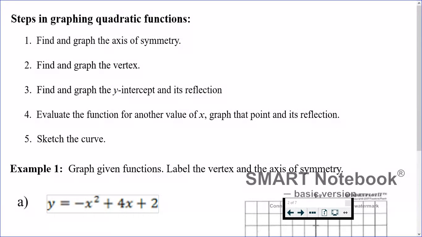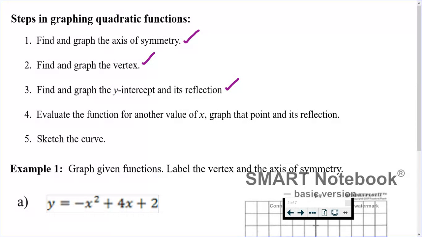So using those properties, we can set up a system where we can graph, right? The first thing you're going to find and graph is the axis of symmetry. The second thing is you're going to find and graph the vertex. Then you're going to find and graph the y-intercept and its reflection. Remember we talked about how in the first lesson that there's points that correspond, right?